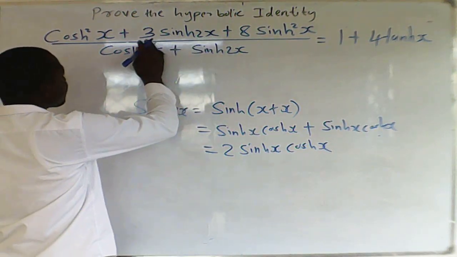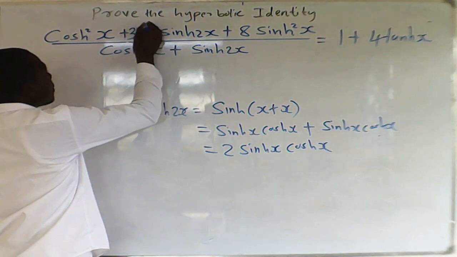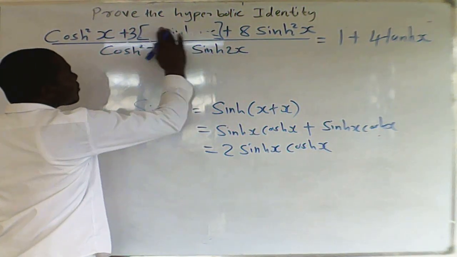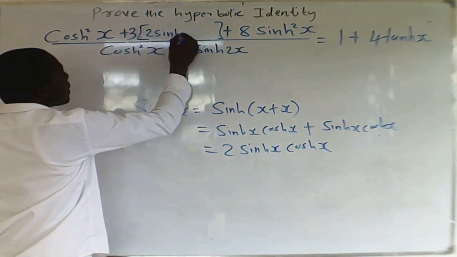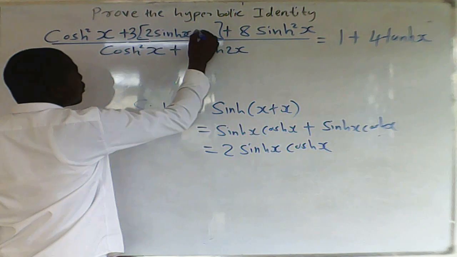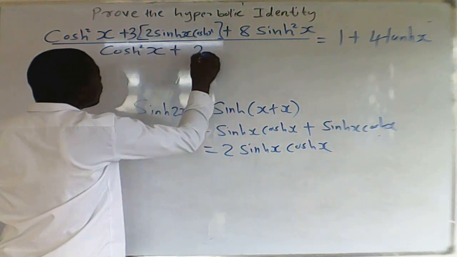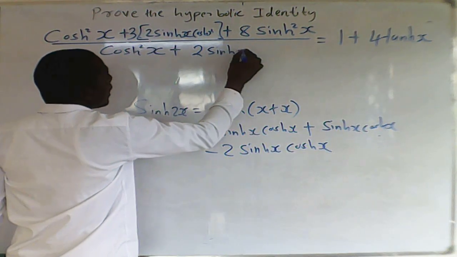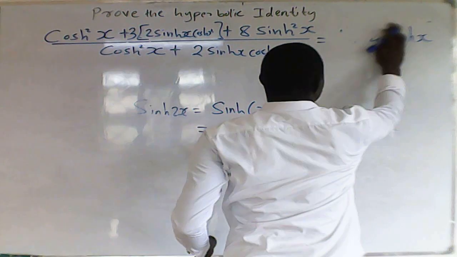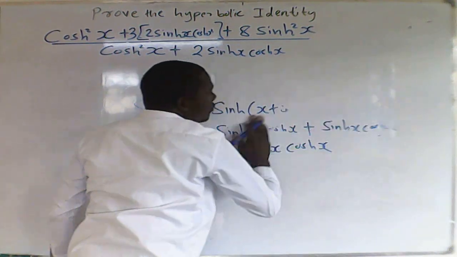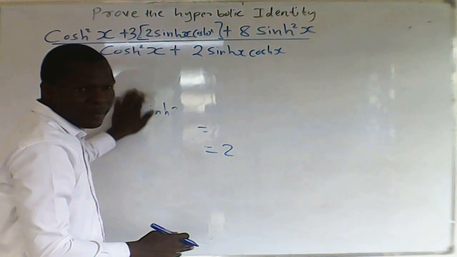So here we have 3 into sinh 2x, and sinh 2x we found is the same as 2 sinh x cos x. So that is now what we have. We have to move with it until we find that it is the same as 1 plus 4 tan x.